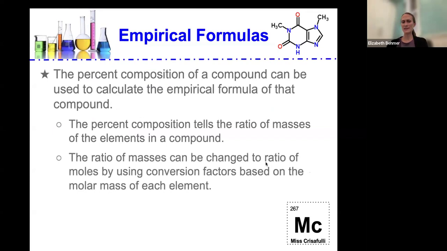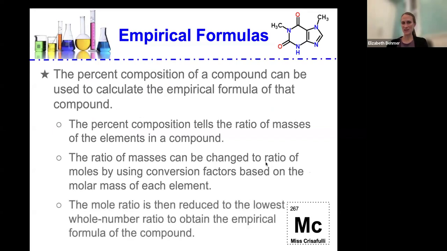The ratio of masses can be changed to the ratio of moles by using conversion factors based on the molar mass of each element that you get from the periodic table, and the mole ratio is then reduced to the lowest whole number ratio to obtain the empirical formula of that compound.